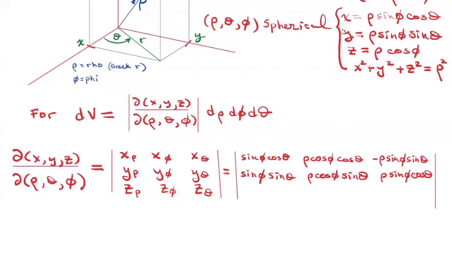So the derivative of z with respect to rho is just cos phi. The derivative of z with respect to phi is going to be negative rho sine phi. Okay. And then the derivative of z with respect to theta, well, it's independent of theta, so that'll be 0. Okay, any questions?